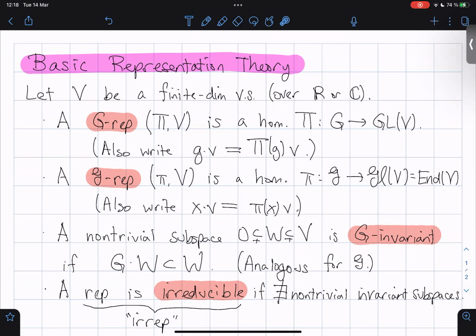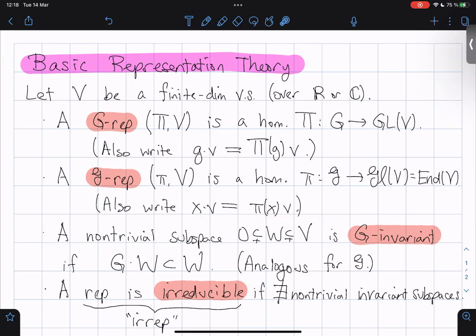It's a homomorphism from this Lie algebra to the Lie algebra of big GL(V). And you guys have seen before that this just means the linear transformations on V, not necessarily invertible. And I'll also use this dot at the infinitesimal level for the Lie algebra. So X dot v is this guy.